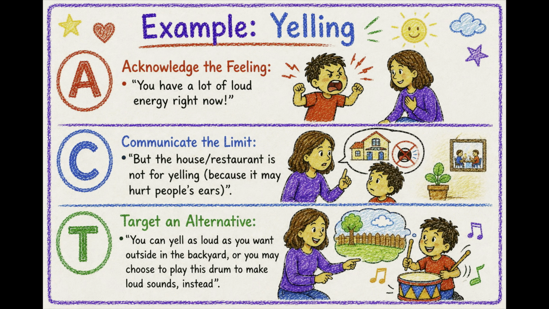And then there's another example, maybe yelling or using loud voices in the house. So it can be, you have a lot of loud energy right now, or you want to really talk in a very loud voice right now, or you want to really sing in a loud voice right now, whatever it is.